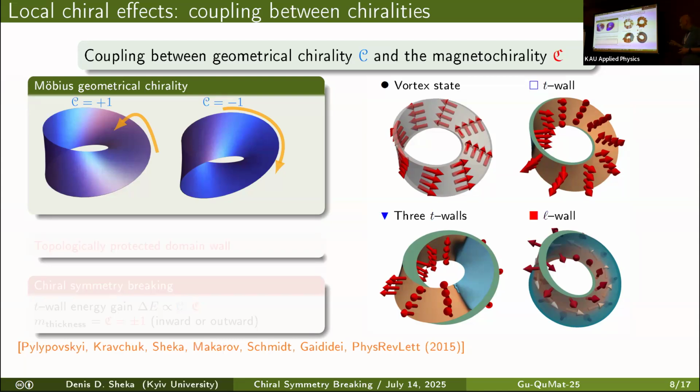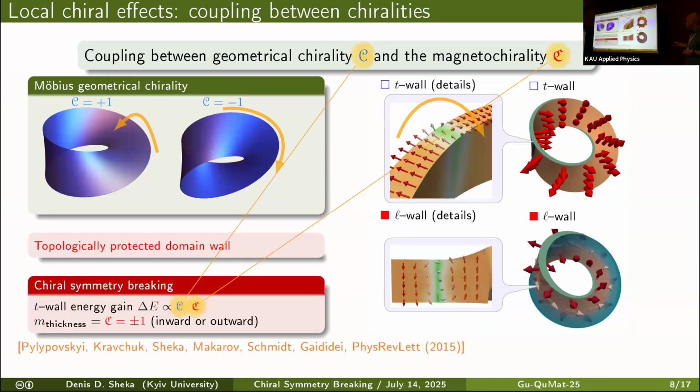Probably the most interesting case appears when we magnetize the Möbius ring perpendicularly: due to the topology, a discontinuity appears, which results in the appearance of a so-called topologically protected domain wall. This domain wall is characterized by chirality, so the magnetization changes from outward to inward, or it could be the opposite. And the theory predicts that there is a coupling between this geometrical and magnetic chirality.